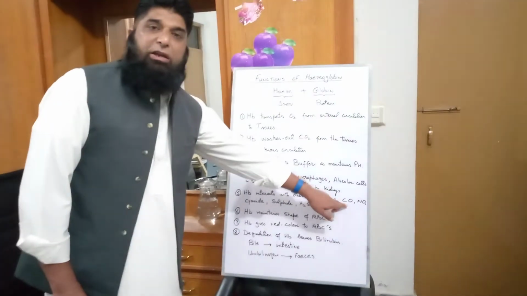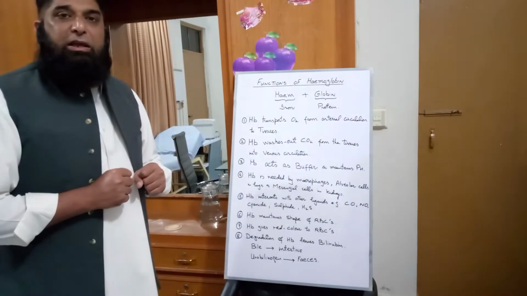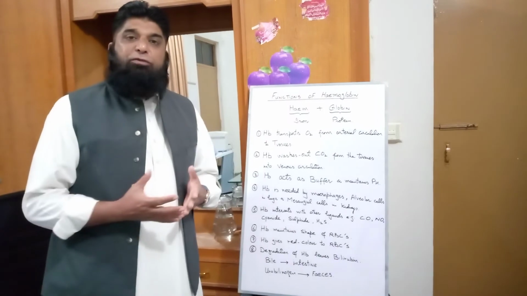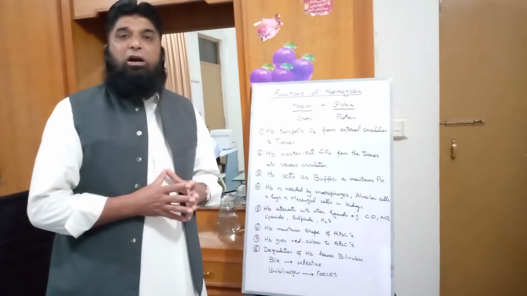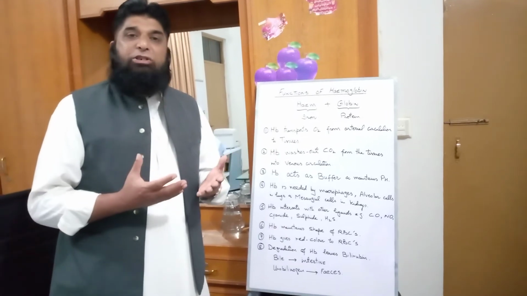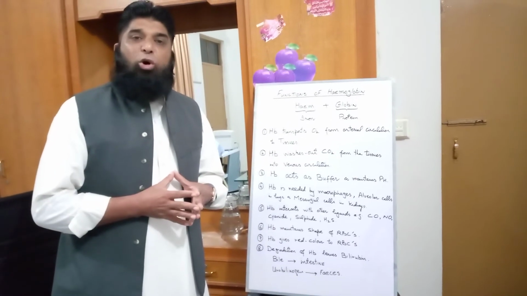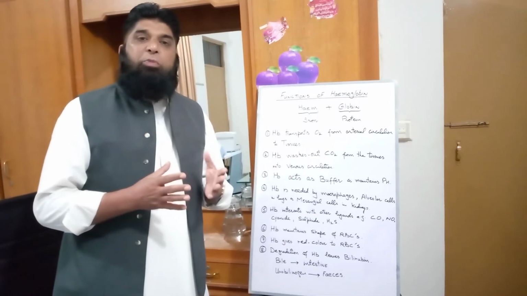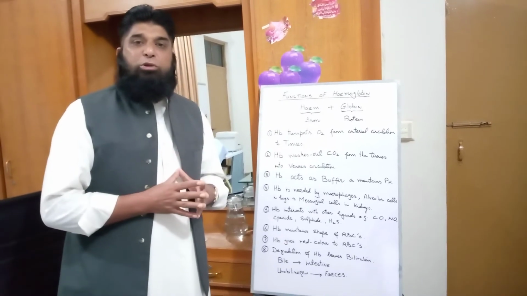Carbon monoxide very rapidly binds with hemoglobin, and that's why you have mostly heard in winter season that by chance 2 to 3 people died of carbon monoxide poisoning when their room heater remained lighted throughout the night.